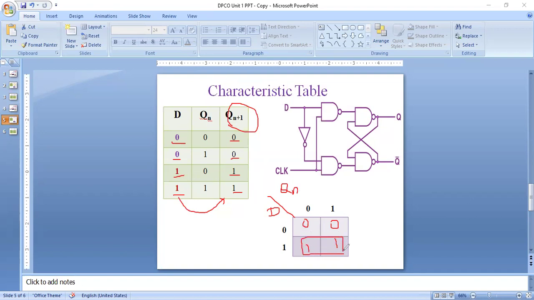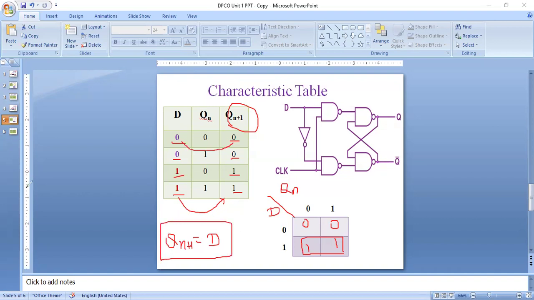What will be the value here? So we can write my next state, I mean my characteristic equation Qn plus 1, which is equal to, in the table, in the Boolean expression, D, Qn cancels. So that means my next state is directly equal to D, whatever the value in D is what will come. So the characteristic equation for D flip flop is Qn plus 1 is equal to D.